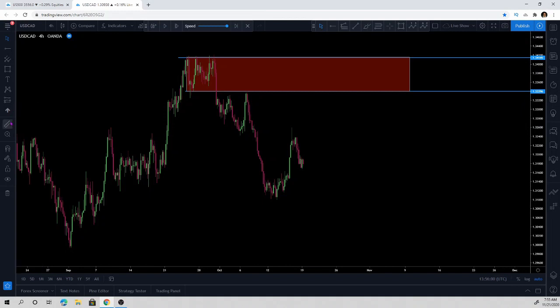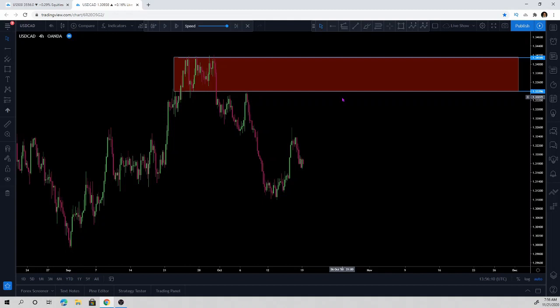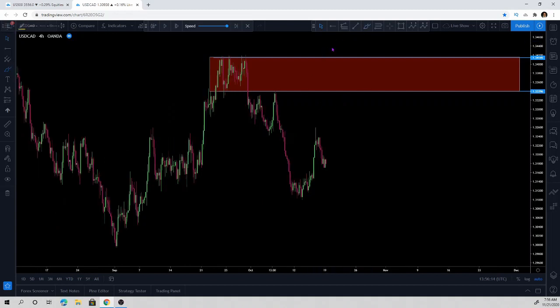We are talking about a very large 72 pip area of resistance. But it really doesn't matter because it could yield some significant returns, right? And the low of this area of resistance is at the bottom of the line around the 133.34, because when we broke to the downside, this is the area that we retested.